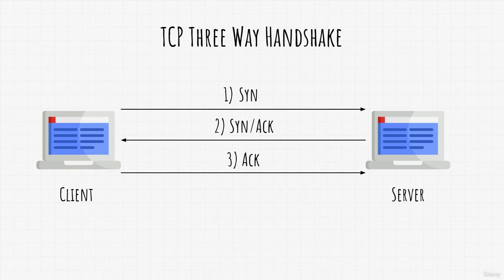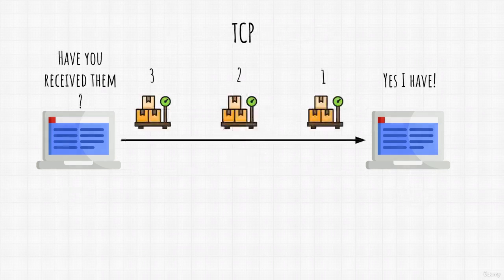Once the data transfer starts, TCP guarantees the receiver will get the packets in order by numbering them. Then the server sends messages back to the sender saying it received the messages or packets. If the sender does not get the correct response, it will resend the packets to ensure the server got them. All of those packets are also checked for errors.